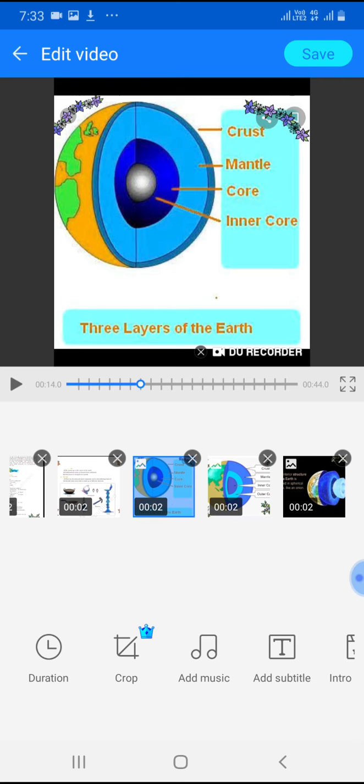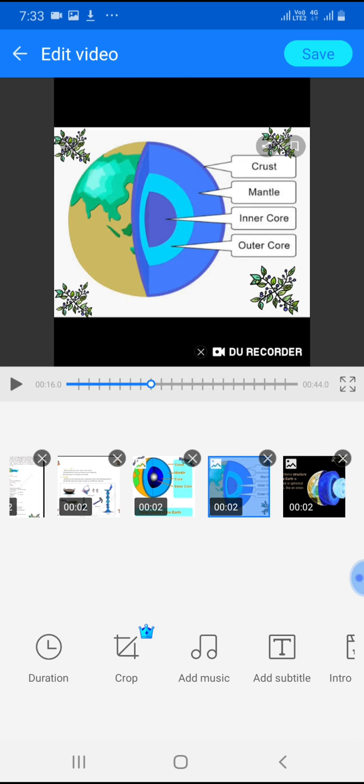You can see in this diagram. The mantle is beneath the crust. The innermost layer is the core with a radius of about 3500 km. The central core has very high temperature and pressure. See, this is another diagram in which the layers are explained.